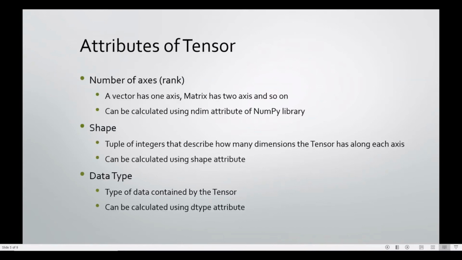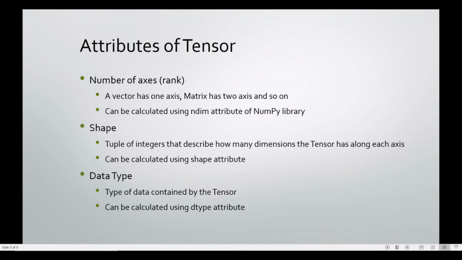Here are some attributes of tensor. First is rank or axis, that represents how many dimensions a tensor has. For example, a vector or array has only one dimension or axis. A matrix has two dimensions called rows and columns, and so on. It can be calculated using ndim attribute of NumPy.